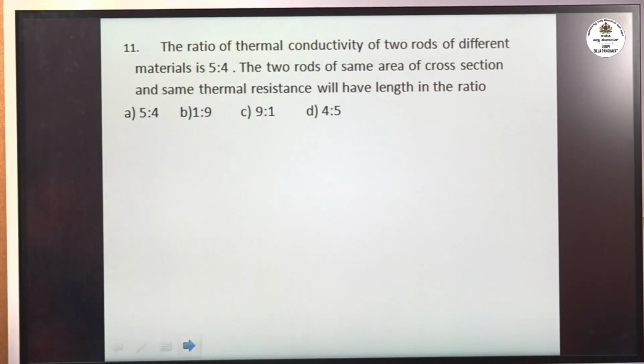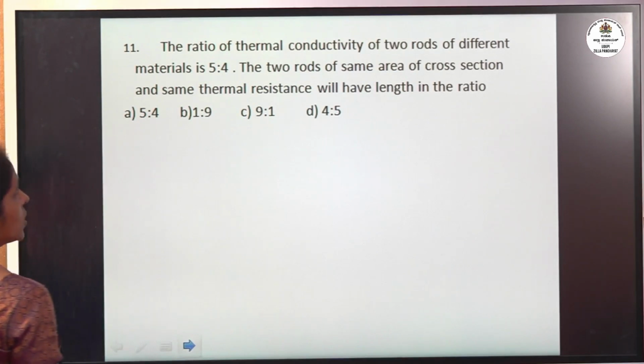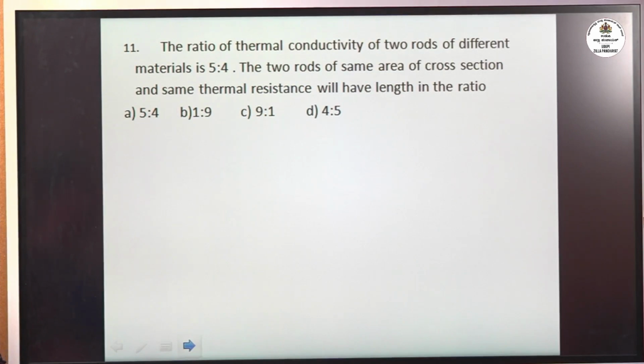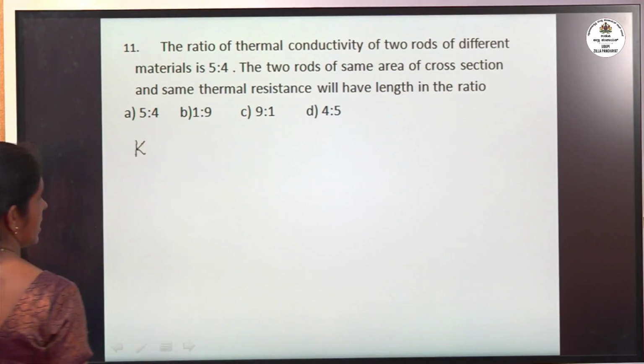Next, question number 11. The ratio of thermal conductivity of two rods of different materials is 5:4. Two rods of same area of cross section and same thermal resistance will have length in the ratio. We use the word K for thermal conductivity.